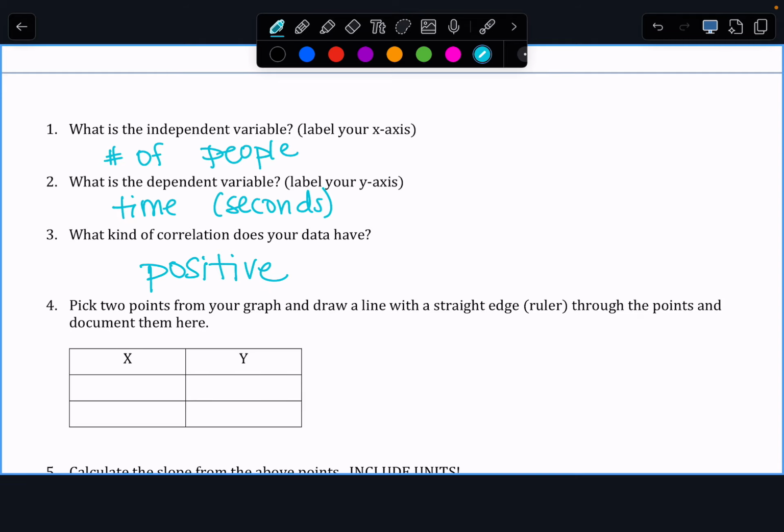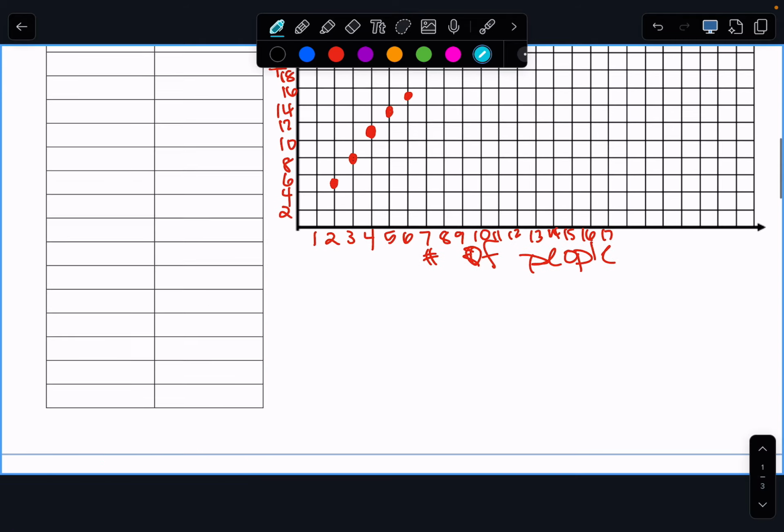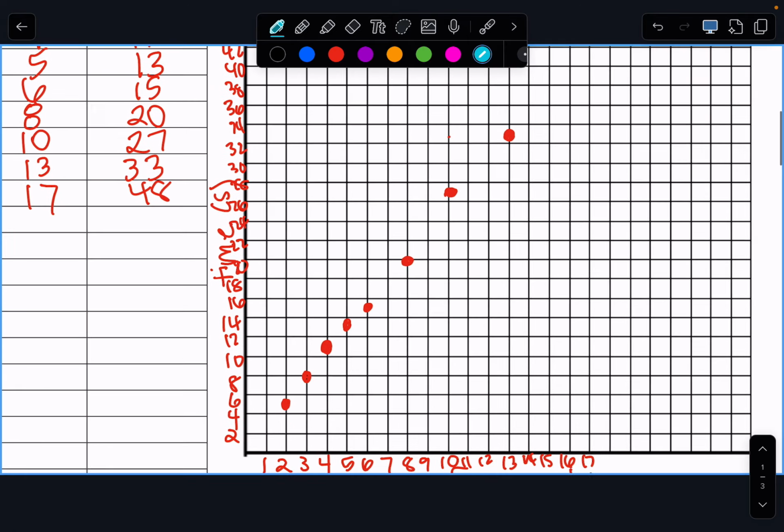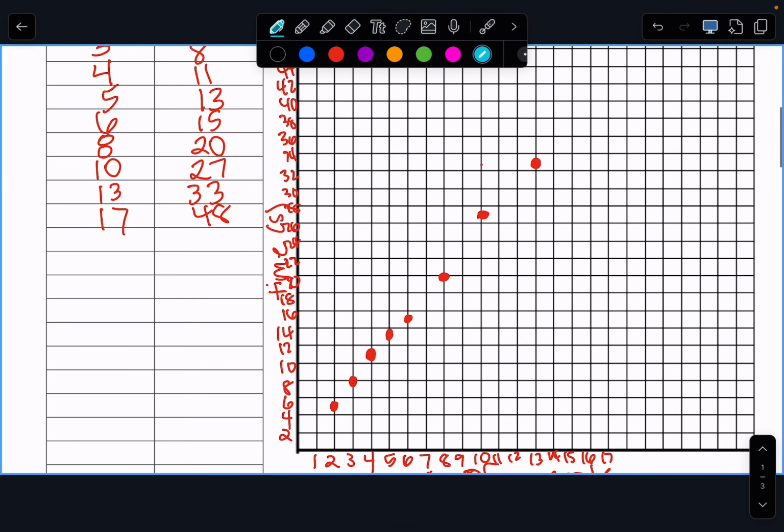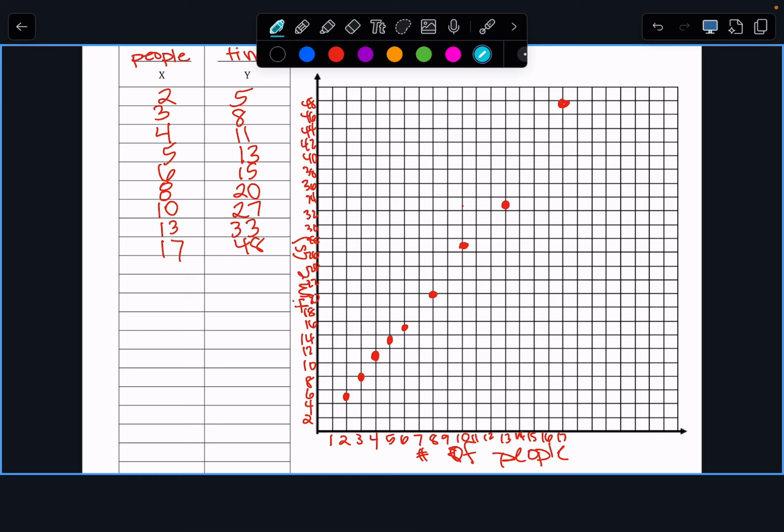Okay. So I'm going to pick 2 points to connect to make a line to approximate our data. Does anybody have a strong feeling about which 2 points we should draw a line through?